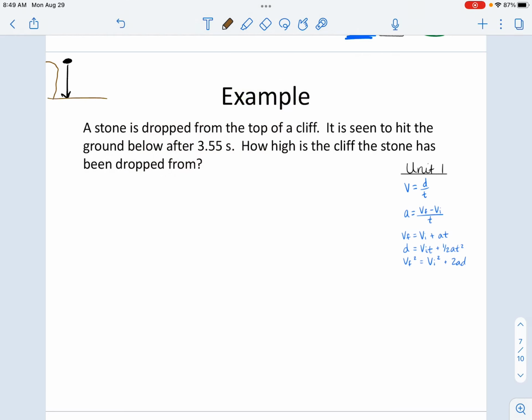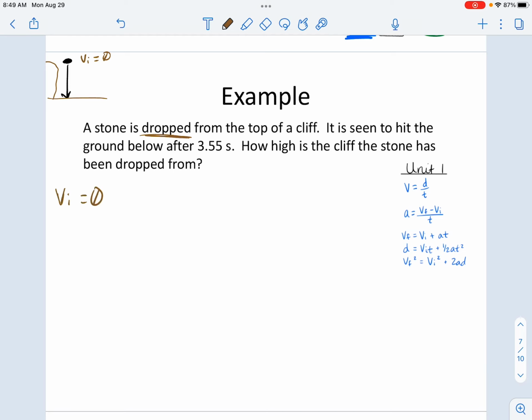down to the ground. So one thing that I want to make sure that we understand is that we have established that at the absolute highest point that our object will ever be located, we have a velocity of 0. So in this case, because our stone is dropped, that means that it is starting at the highest possible location. So we're going to say that our initial velocity is 0.